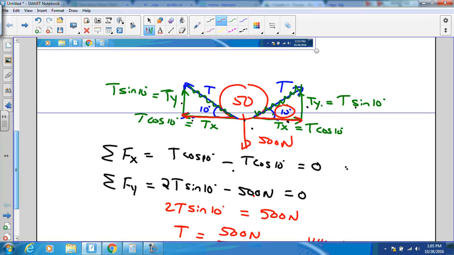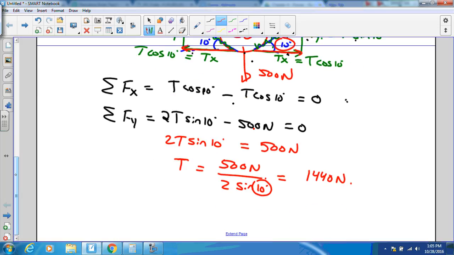The implication is that it would actually be impossible for Arlene to stand on the rope and not have it go down at all. 0 degrees would give me a 0 in the denominator, which would correspond to an infinite amount of tension. It would take an infinite amount of tension to keep the rope from sagging at all.